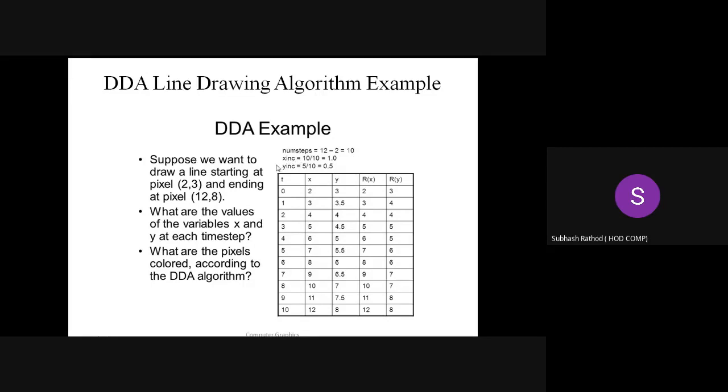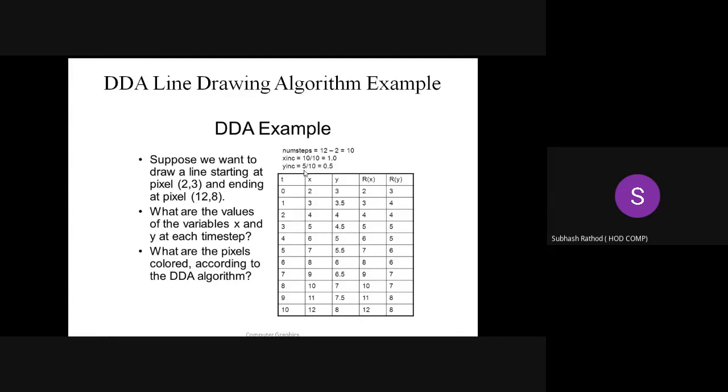Calculate x increment. How to calculate the x increment? So this is 10 divided by 10. So how does this divide by 10 come? Number of points we are considering. 10 divided by 10, 1.0.